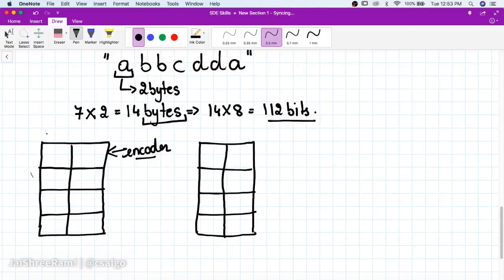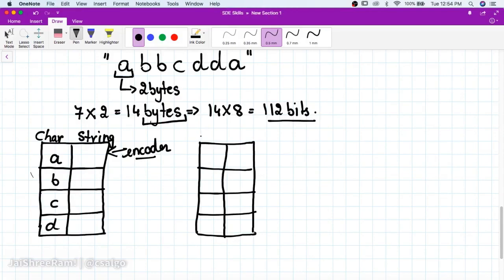So it will have a key of type character and its value will be a string, that is whatever we will be encoding for this particular character. So our encoder will look something like this: A, B, C, D, because there are only 4 unique characters occurring inside our string. So for each character we will have a unique value.